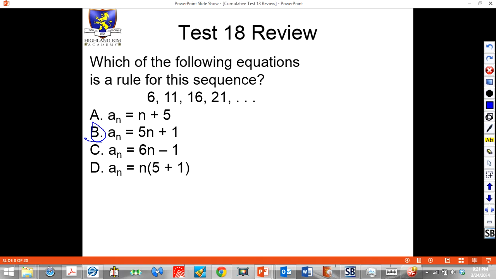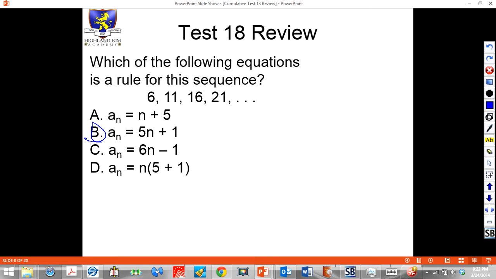Now, you can do this by elimination also, because a sub n is n plus 5. In this case, that would be 6, but if n is 2, that would be 7. So a doesn't work. You look at c, which is a sub n is 6n minus 1. So when n is 1, a sub n would be 5, so that's already eliminated.